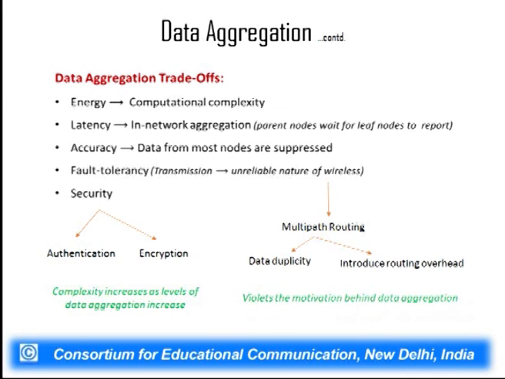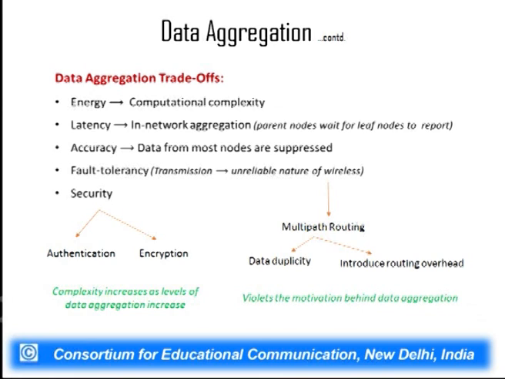As we can see, since it's wireless, error occurrence is very high. So often the communication is over multiple paths. Multiple paths means multiple hops are going to be taken. As a result, there will be data duplicacy and routing overheads.